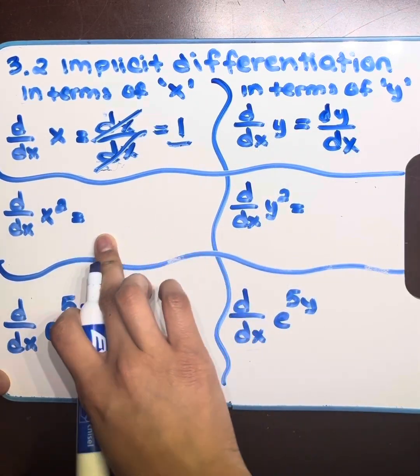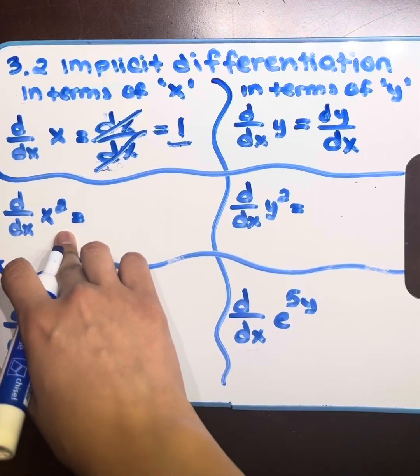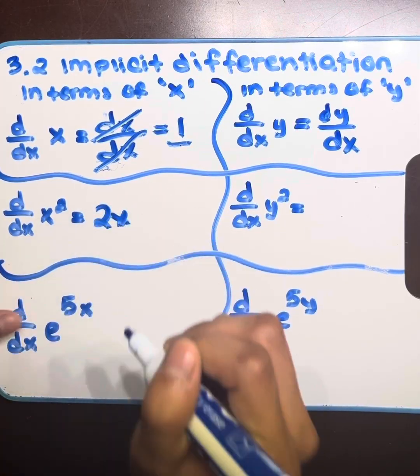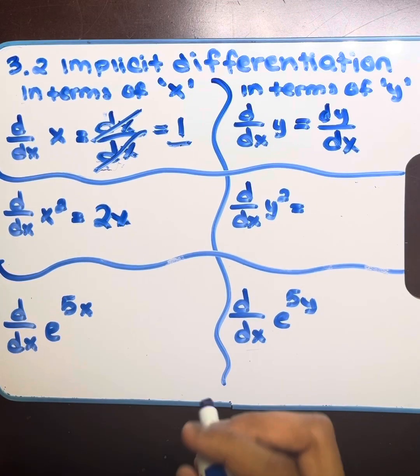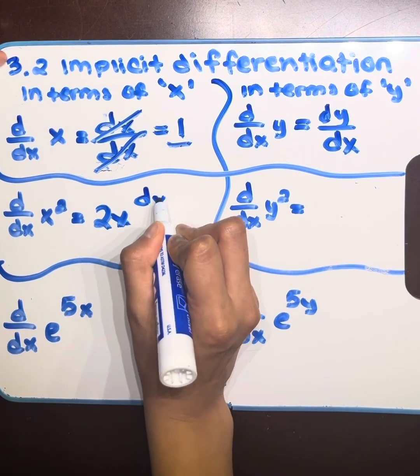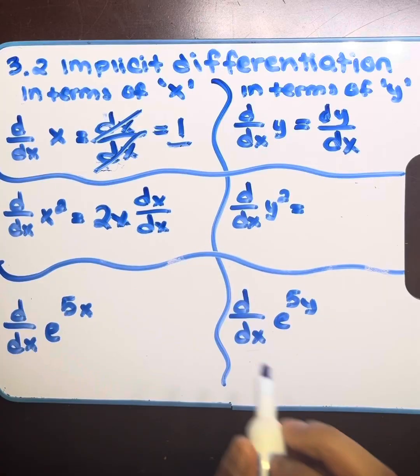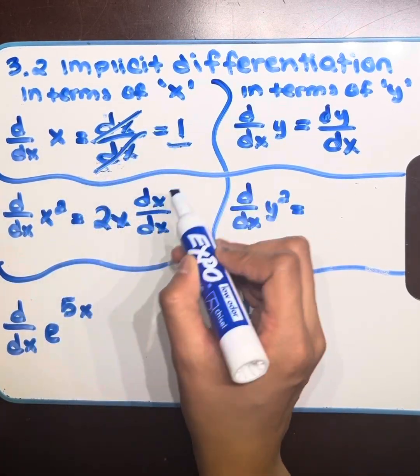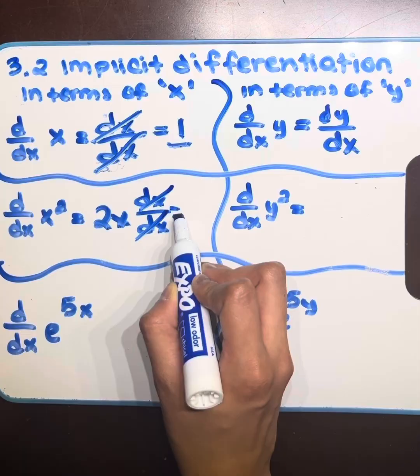Now for the bottom one, the derivative of x squared, we all know would be 2x. But we're skipping this part where we also include dx over dx, which, as we've known from the first equation, just cancels out and gives us 2x.